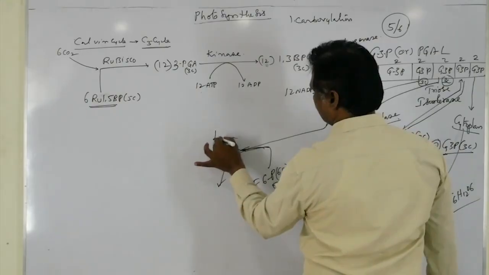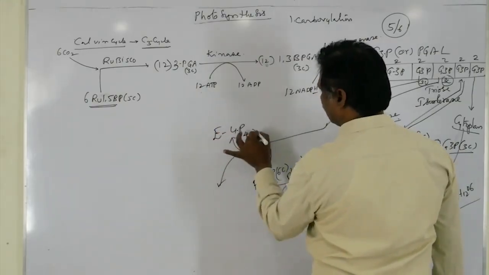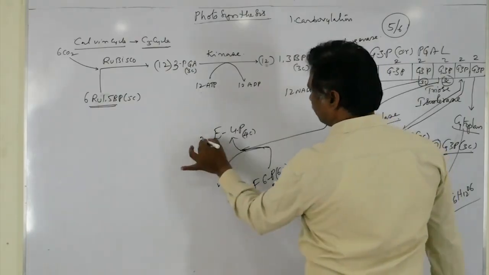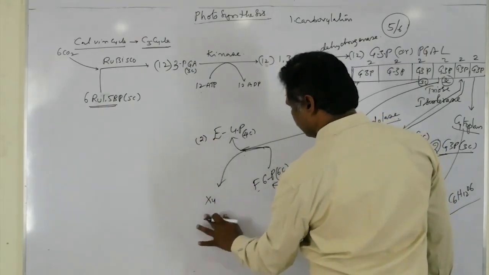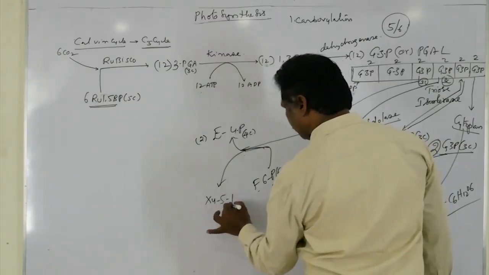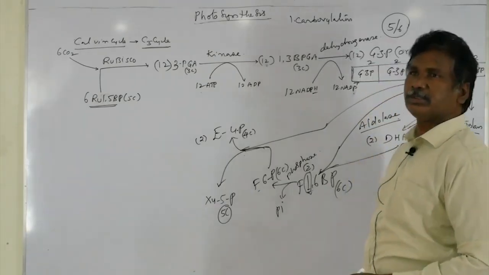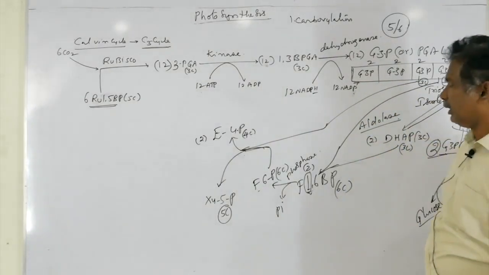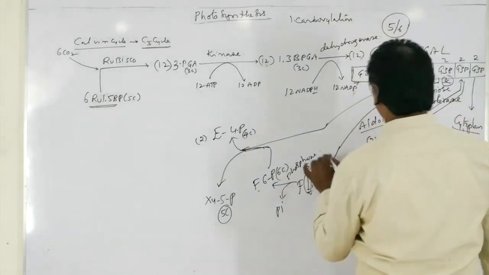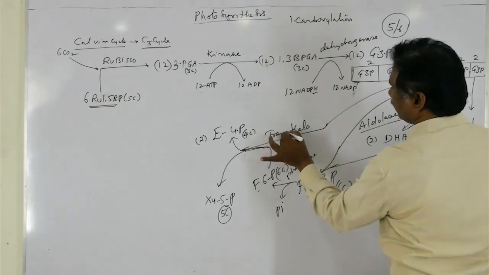One is erythrose 4-phosphate, a 4-carbon compound. Another one is xylulose 5-phosphate, which has 5 carbons, in the presence of the enzyme transketolase.